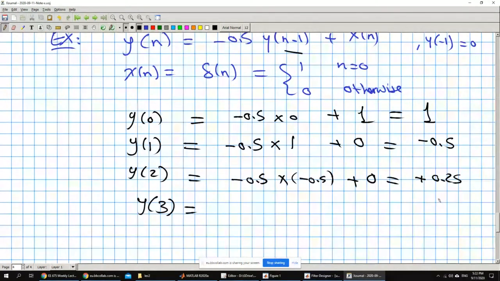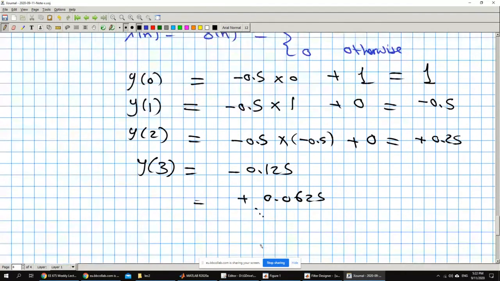Minus 0.5 times this, so it's going to be minus 0.125. And each time you're basically dividing by 2 and multiplying by a negative number. So this will be plus 0.0625, and so on.